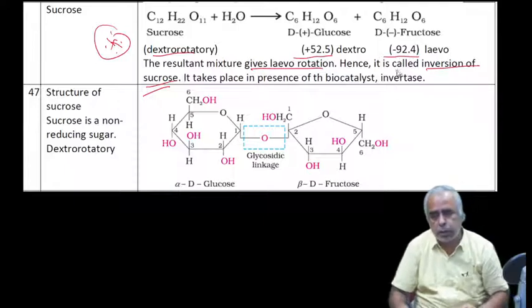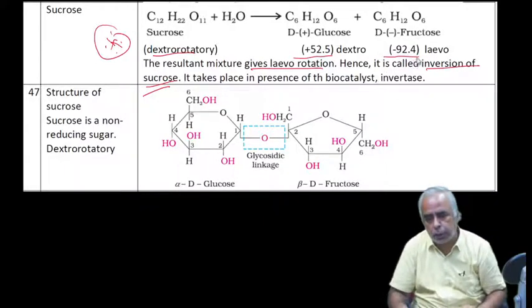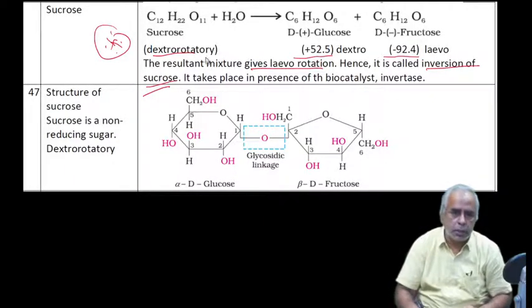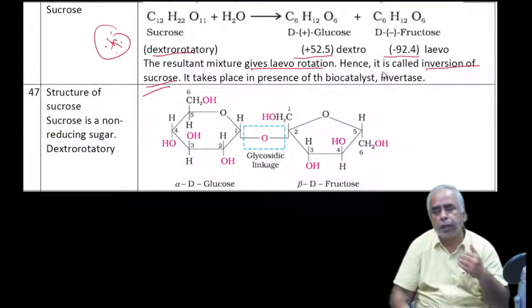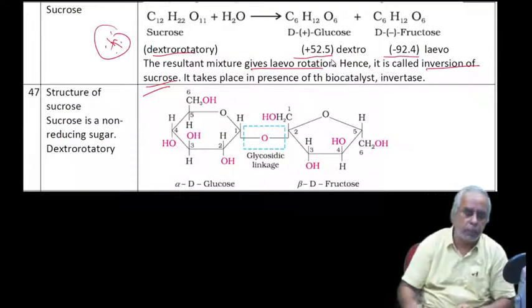So the resultant is negative rotation, that is levo rotation. So since there is a conversion of dextro to levo, this reaction is known as inversion of sucrose. That indicates the rotation angle inversion.